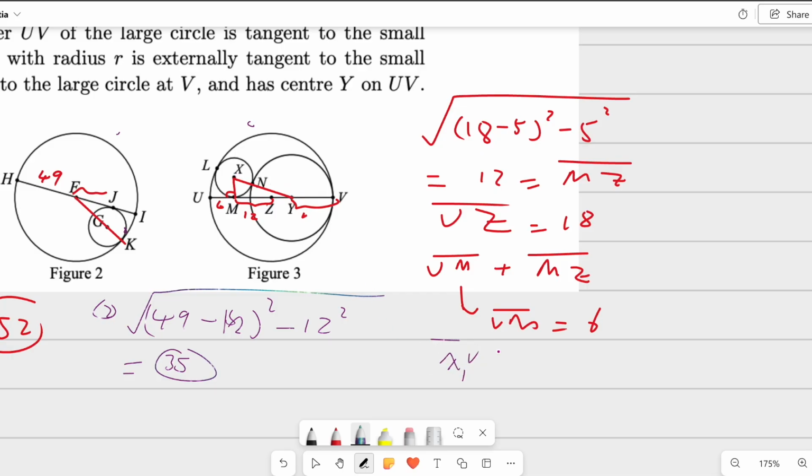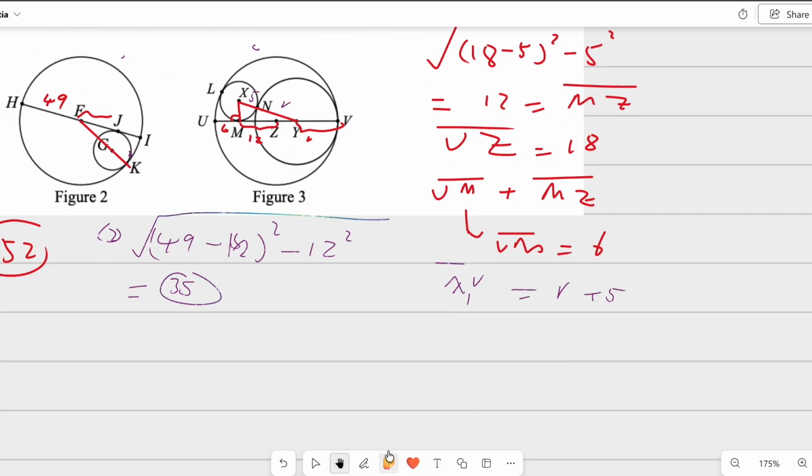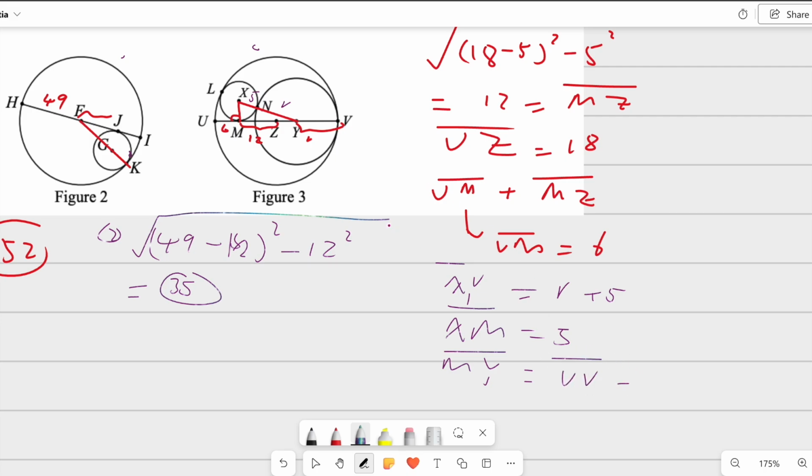So based on the Pythagorean theorem, we know the value of XY is equal to, this is R and this is 5, so R plus 5, and the value of XM is 5, that we know, and the value of MY is equal to the diameter UV minus UM minus YV.